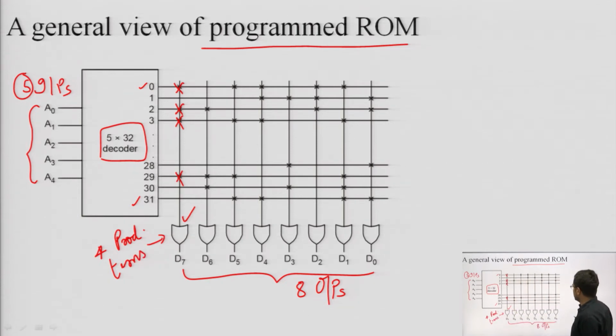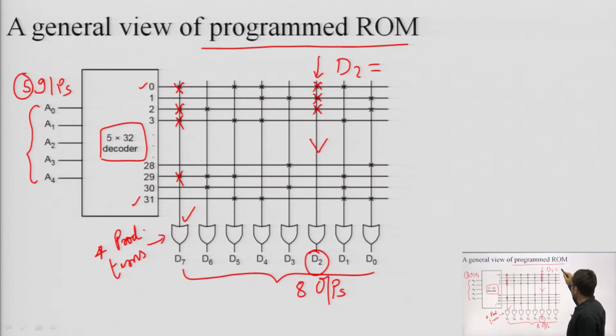Similarly, you can check any other gate. If you check this one, this is for D2. D2 has 3 crosses, which is equivalent to this one, this and this.